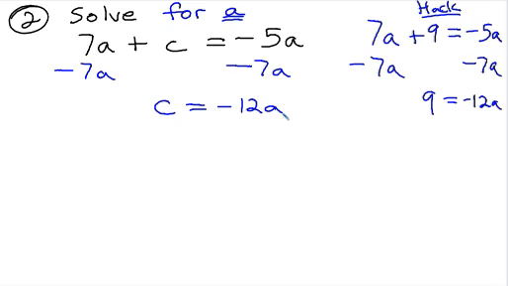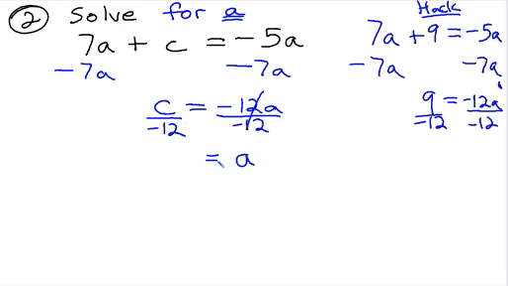On my pretend problem, back over here, what would I do to finish it? Divide both sides by negative 12. So guess what we're going to do on our real problem? We're going to divide both sides by negative 12. The negative 12's cancel, and I have that A equals C over negative 12.